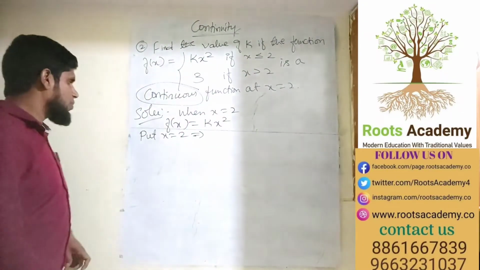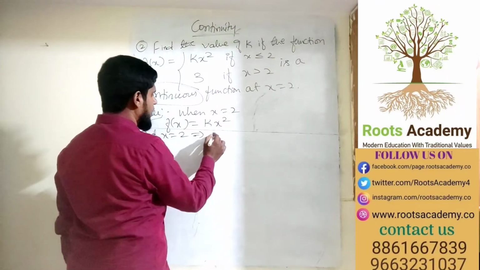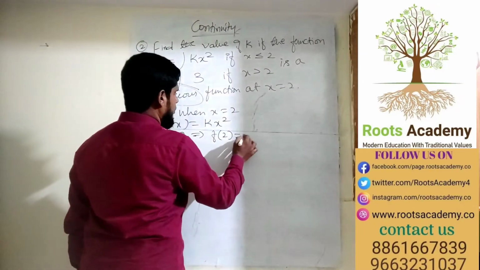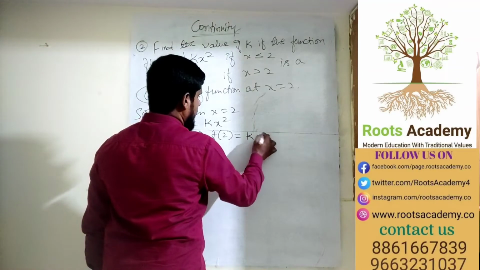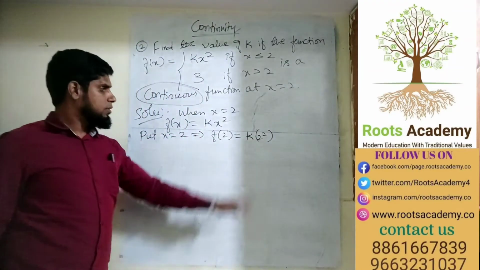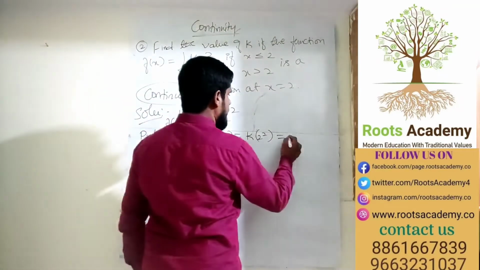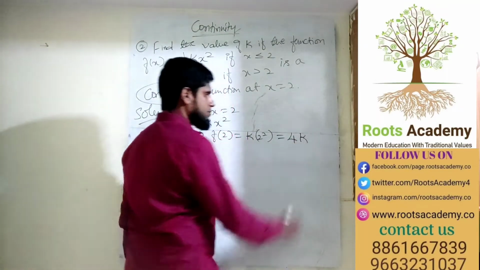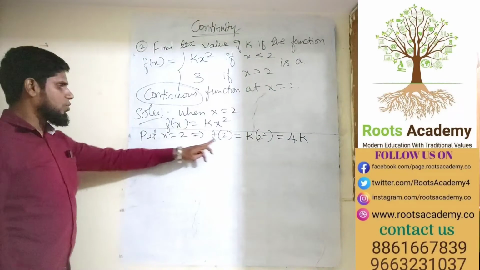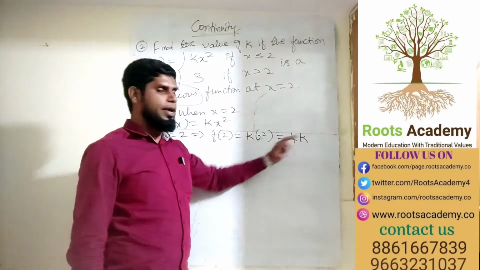In this function, I should put x as 2, which implies f of 2 equals k into 2 square. 2 square is 4, so its value is 4 into k. So f of 2 value is 4k.